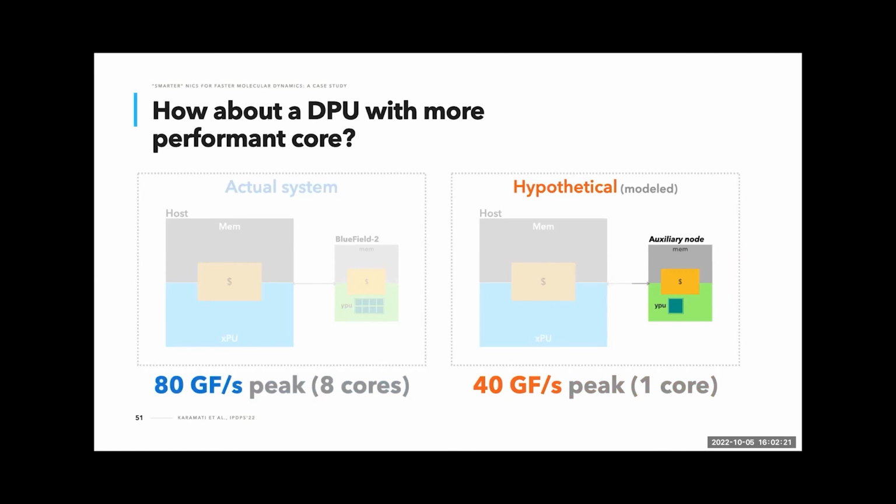At first glance, this configuration seems worse than the actual system in terms of peak performance. The actual system has a peak of 80 gigaflops per second in single precision, and the hypothetical system has a peak of 40 gigaflops per second in single precision.